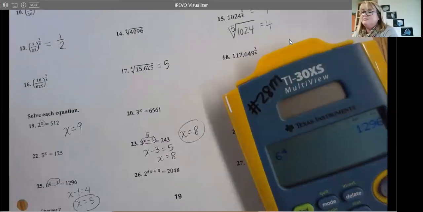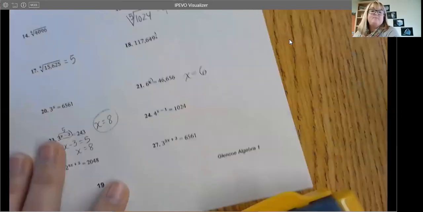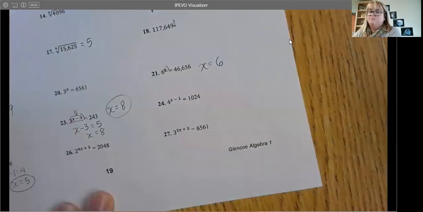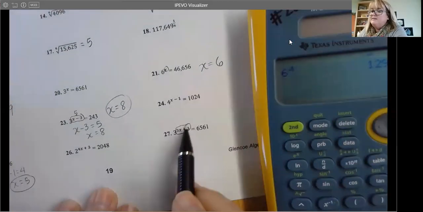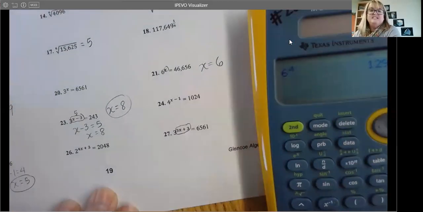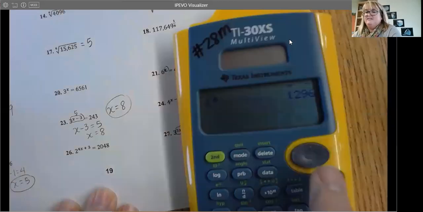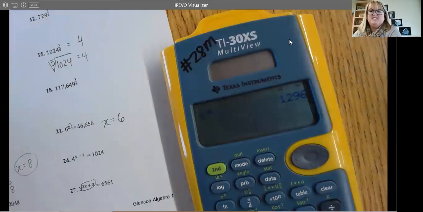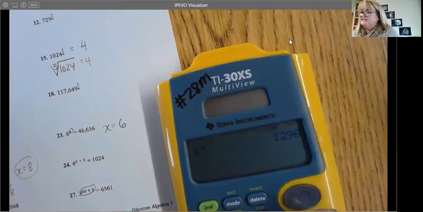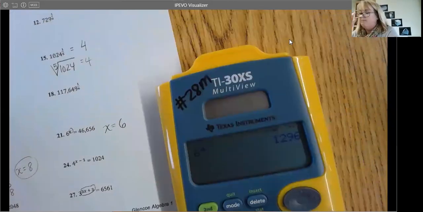All right, last one, 27. 3 to some power needs to be 6,561. Too much stuff all over here. All right, let's try that. What is 3 to what power?